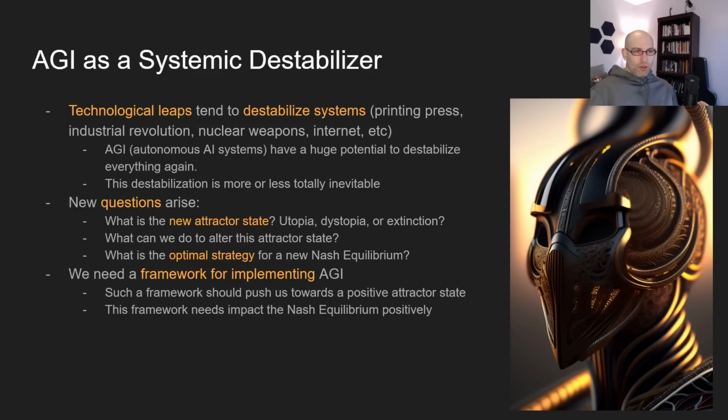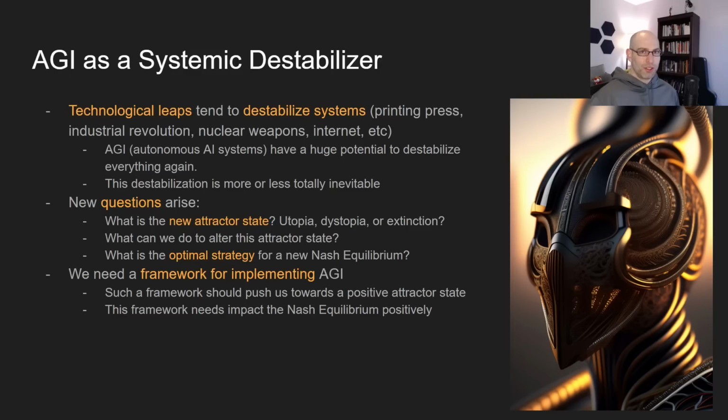In the past, the attractor state was different because technological abilities to affect the world were limited, right? When the world was powered by coal, there was only so much damage we could do to each other and the world. But as technology advanced, the amount of damage possible went up.